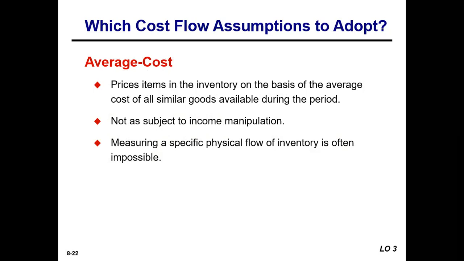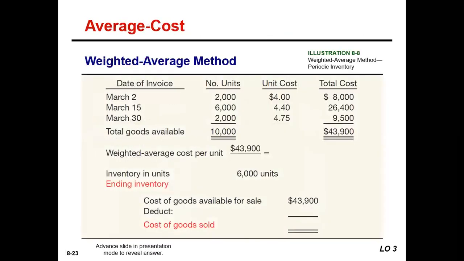I'll give this formula again and write it on the board, I'm sure several times, but basically we're taking total cost of goods available for sale divided by the total number of units available for sale. That's how we get that average cost. All right, so we see that example here.